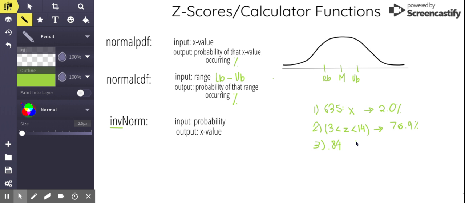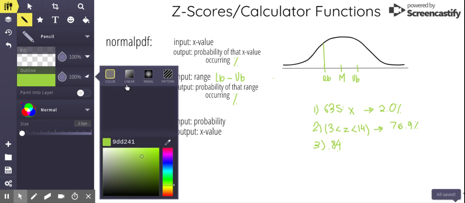In our problem, we have a mean of 25, so write mu as 25, and a standard deviation of 3.8. Then there are options for a tail. Our tail will always be left, because if they're asking for a value, it's always going to be to the left of the graph.